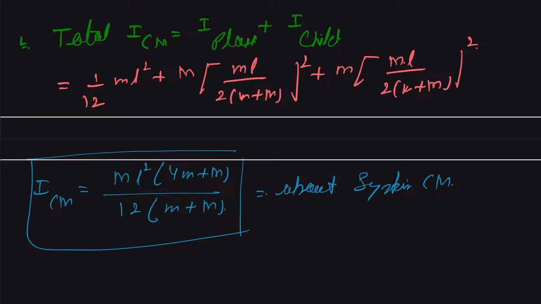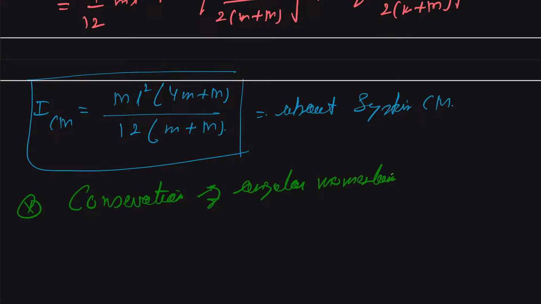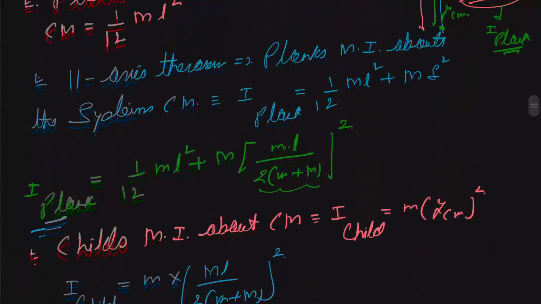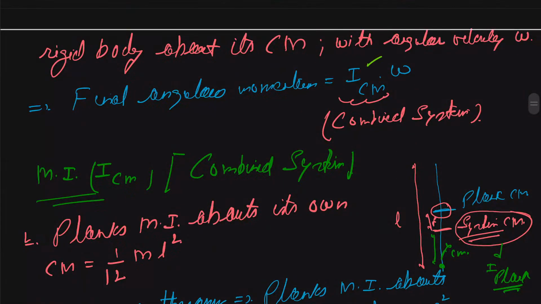Now we can easily find our angular velocity because we are going to use the conservation of angular momentum, because we were only missing ICM, which we calculated.